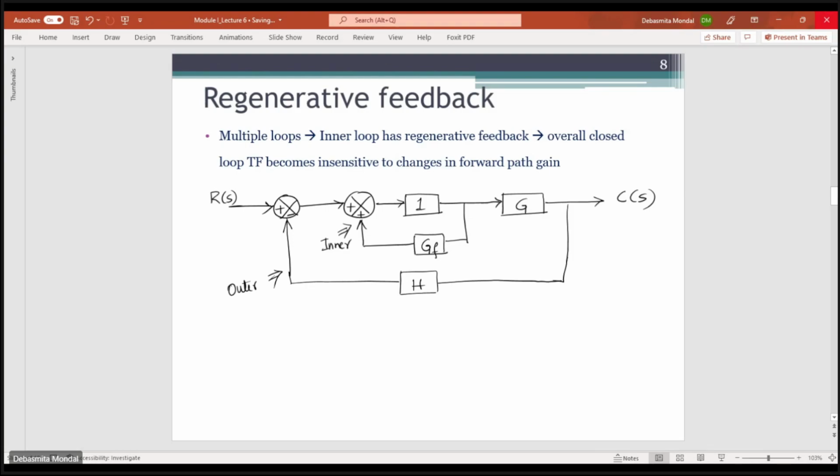So the inner loop transfer function will be equal to 1 by 1 minus GF(s). If you replace the inner loop with this transfer function, then you can write the overall transfer function.